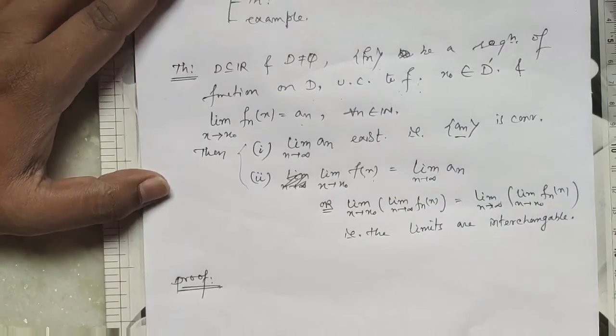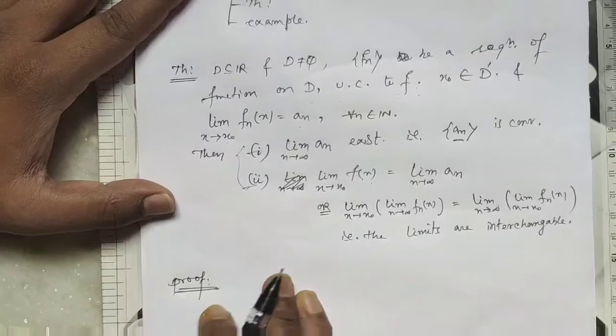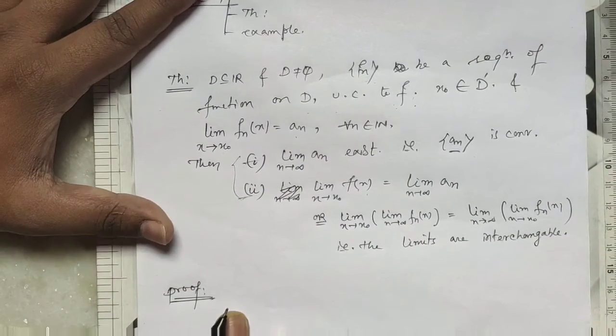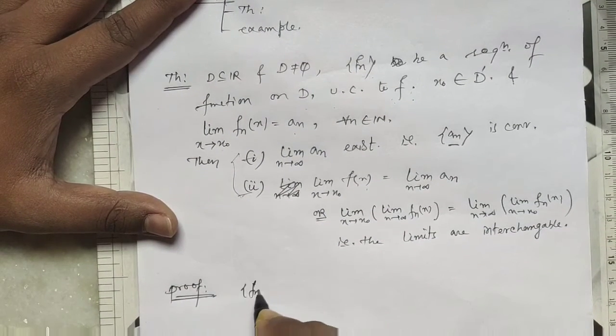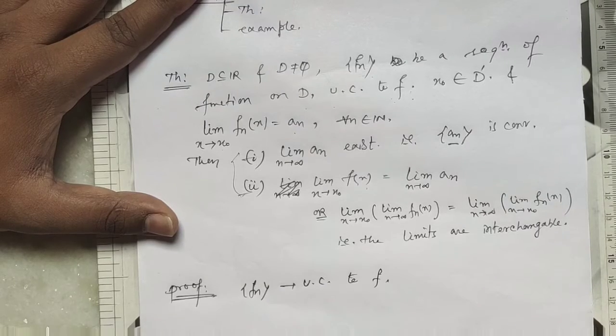So first we prove this and then we prove this. Since f_n is uniformly convergent, this uniformly converges to the function f.